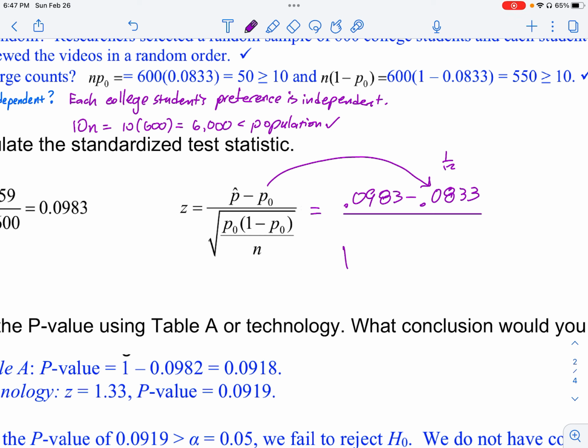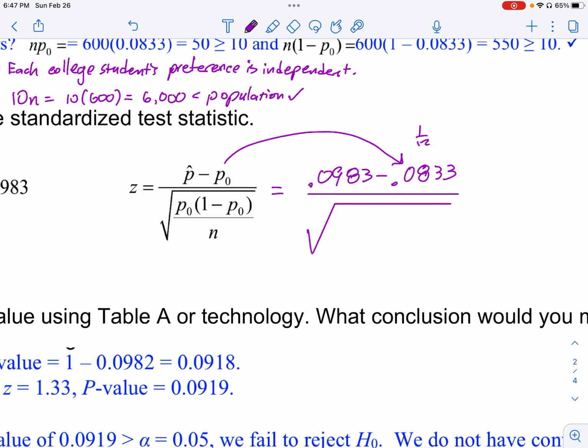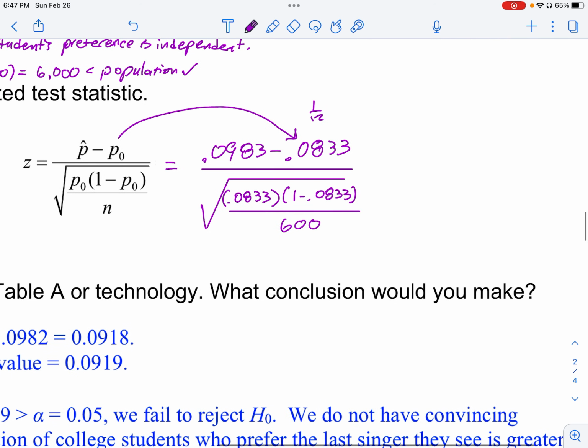And then notice in this denominator, we are using the 0.0833, okay? Because we're operating under the assumption, when we do this entire test, that the null hypothesis is true. So this would be 0.0833, 1 minus 0.0833 over n, which is 600, okay?